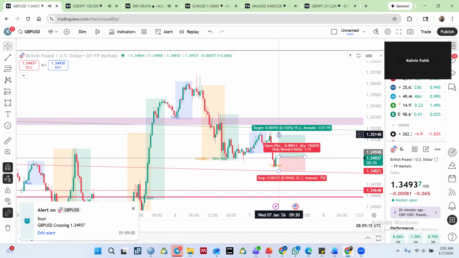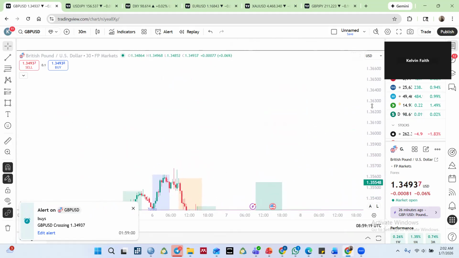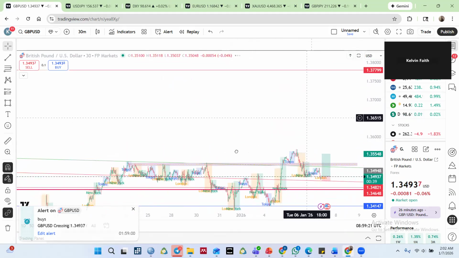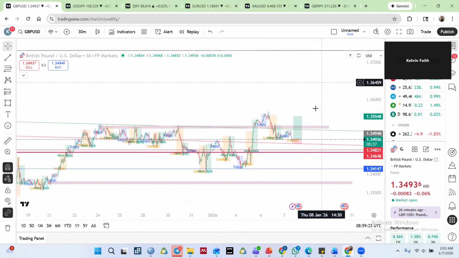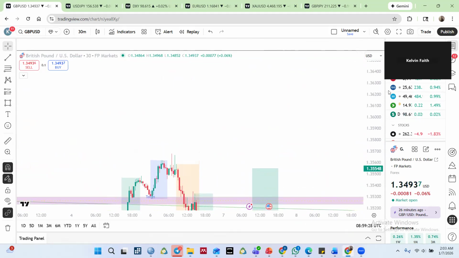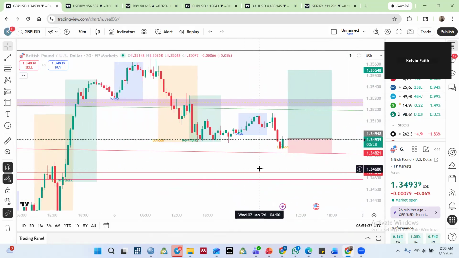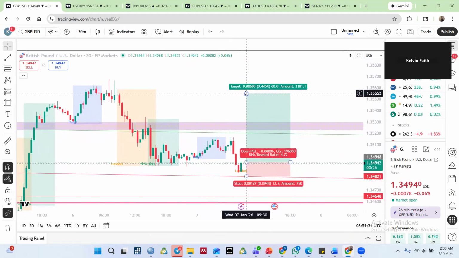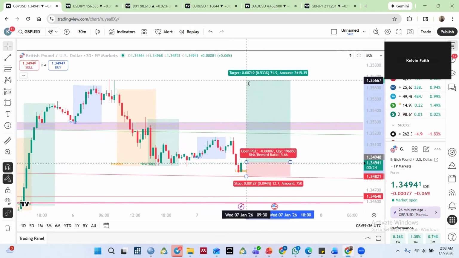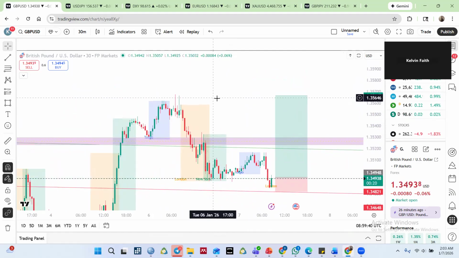But if I'm taking this trade, the sky is the limit. I'm taking GBP USD to the moon, to the top here. Let's see how it's gonna play out.